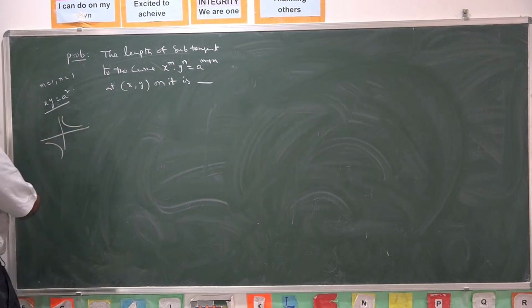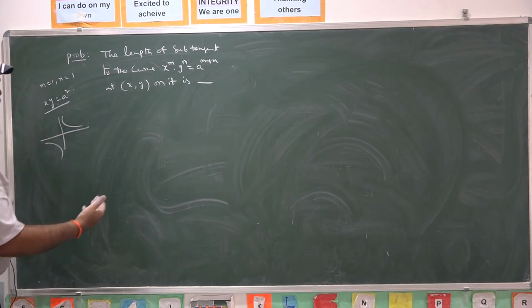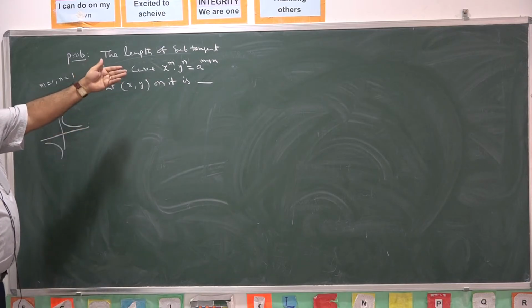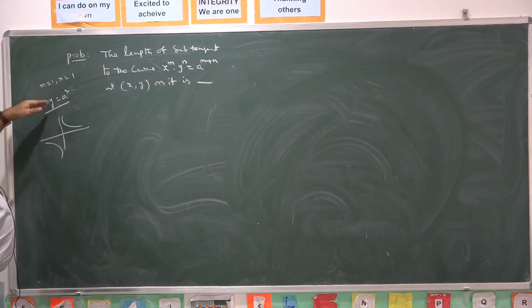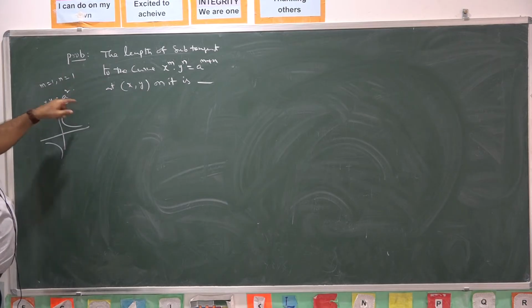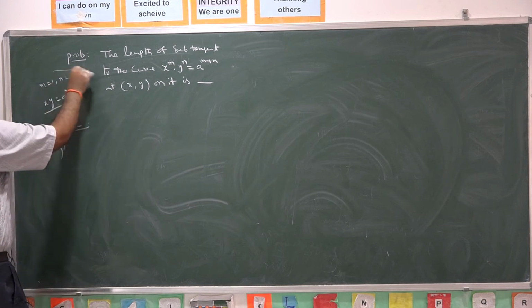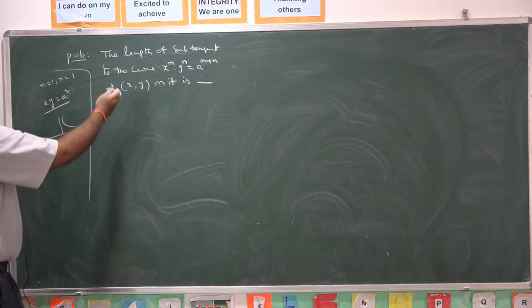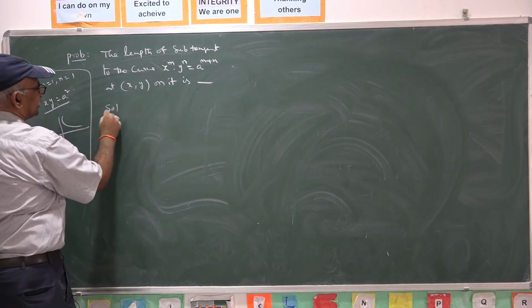The particular case of this curve is a rectangular hyperbola, for m equal to 1, n equal to 1. Now, we have to find the length of the subtangent to the curve at the general point. The point is here x comma y itself.